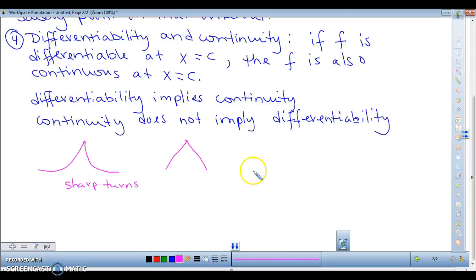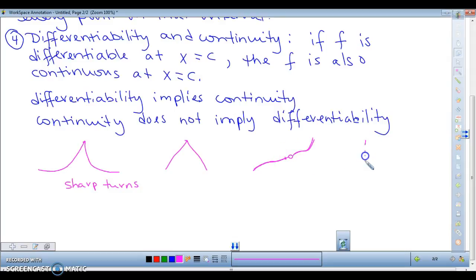Alright, some other things, remember that if it's not continuous, then it's not differentiable. So right here at this point, we would not be able to differentiate this function. Now, if we were to restrict our interval, say from this point to that point, then we can differentiate it on that interval, but we couldn't differentiate it on any interval that includes that hole right there.